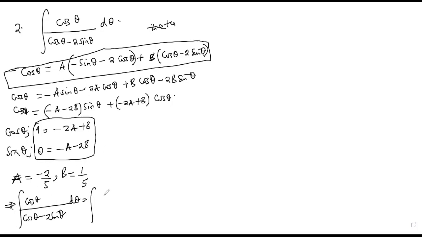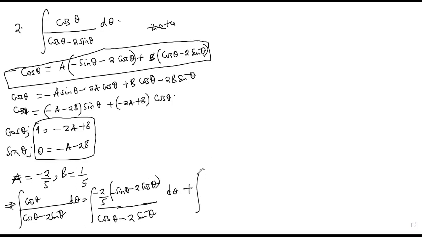We first put a, which is negative 2 over 5, then negative sine theta minus 2 cos theta out of the denominator, which is cos theta minus 2 sine theta d theta, plus the integral of b, which is 1/5, of cos theta minus 2 sine theta over the denominator cos theta minus 2 sine theta.